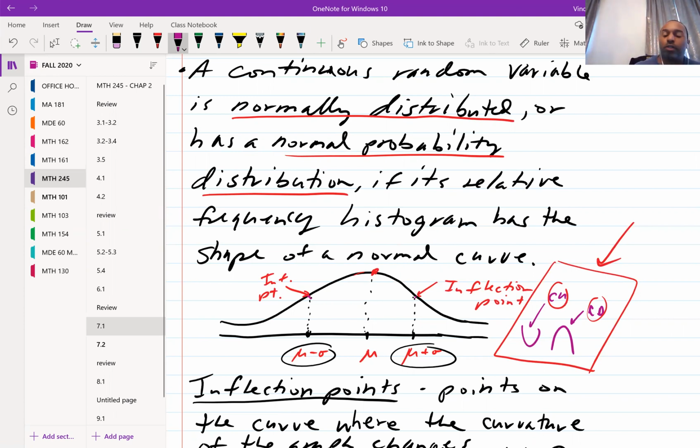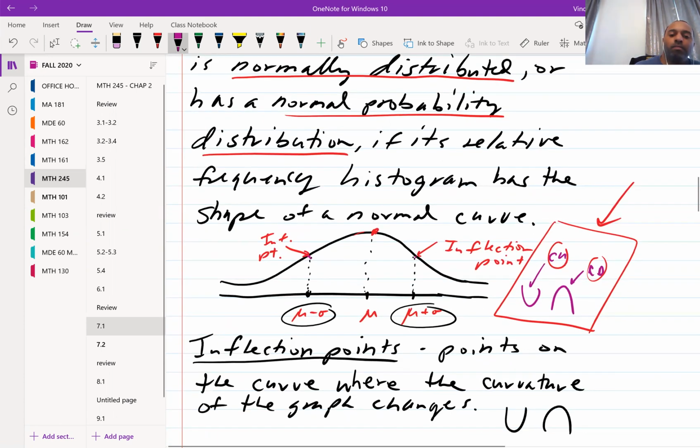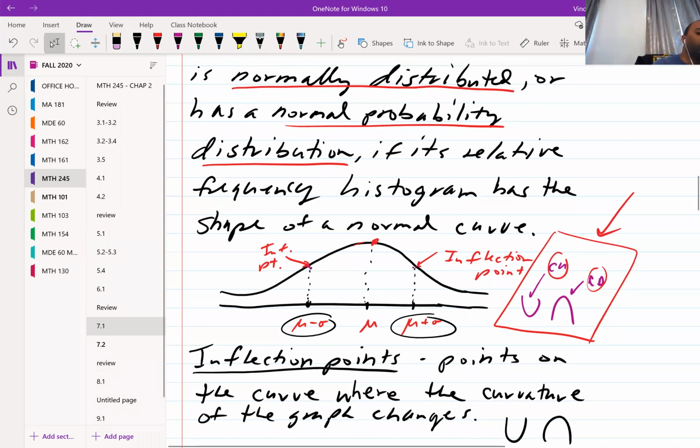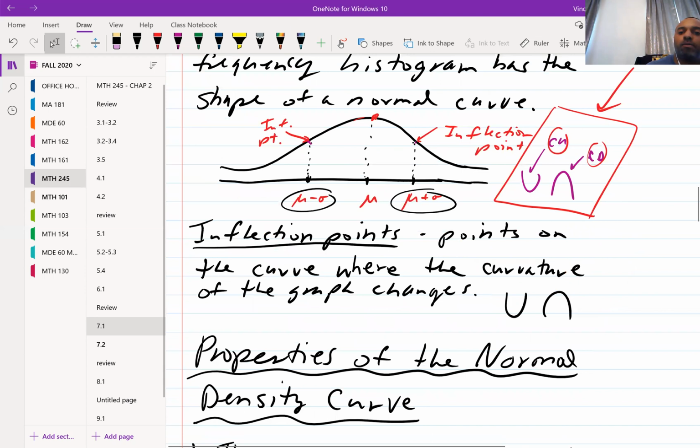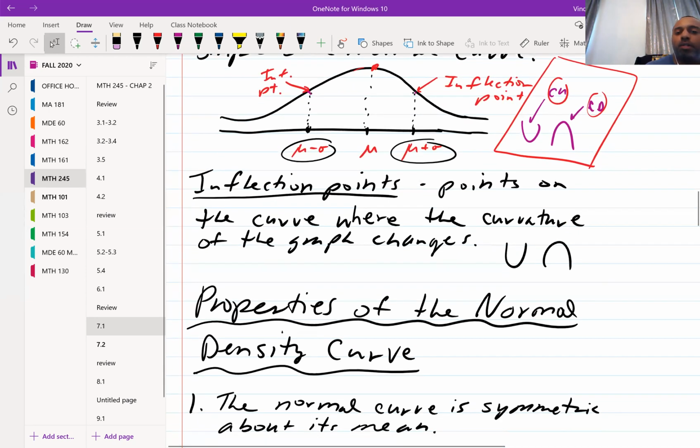An inflection point is just where the curvature changes, when it goes from being concave up to concave down. All right, of course, if I scroll up and you're still copying, let me know.